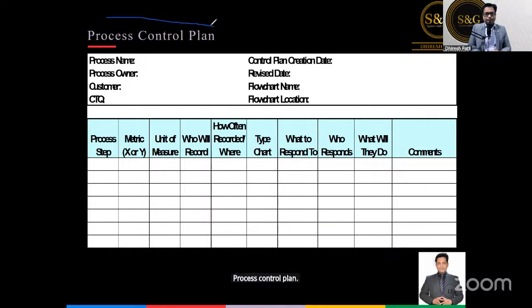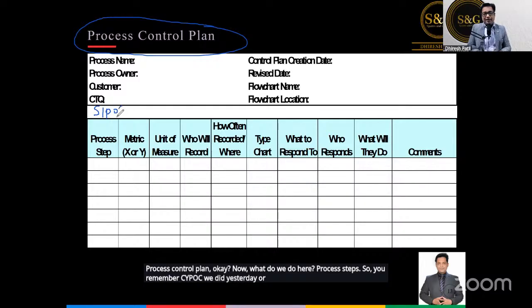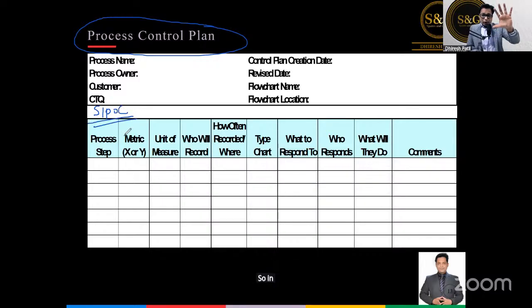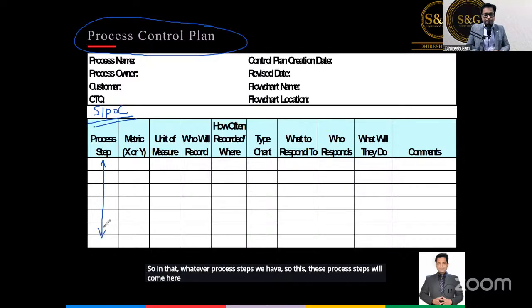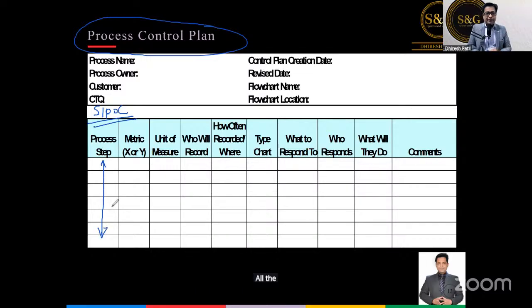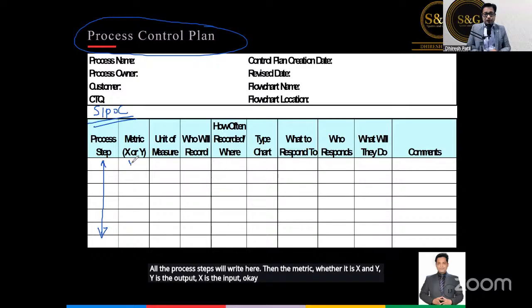Now what do we do here? Process steps. You remember SIPOC we did on day 1. Whatever process steps we have in that, these process steps will come here in this column. All the process steps will be written here. Then the metric, whether it is X or Y. Y is the output, X is the input. If it is Y, I will write Y here.